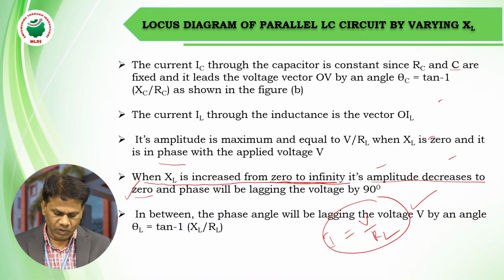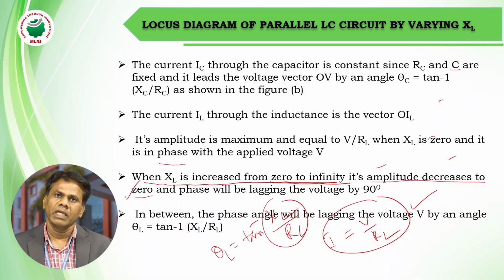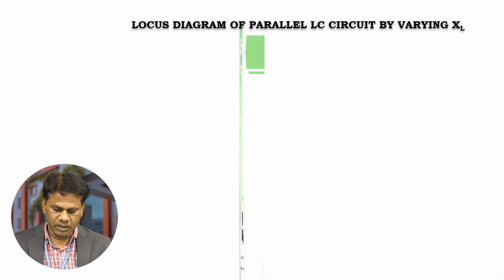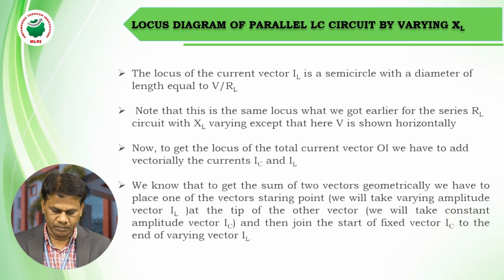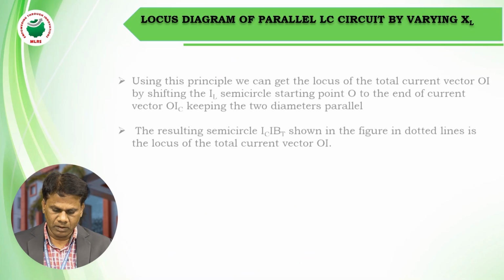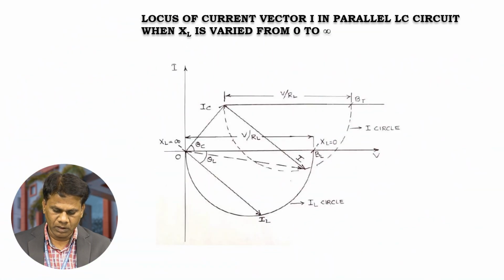As usual, we know that the angle is given by tan inverse of the reactive component by resistance, so this is tan inverse XL by RL due to the inductance of the circuit. This can be seen in a diagram. Based on those points, I am going to explain the locus diagram as shown in the figure.